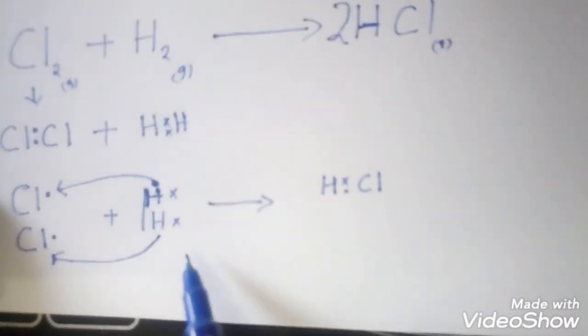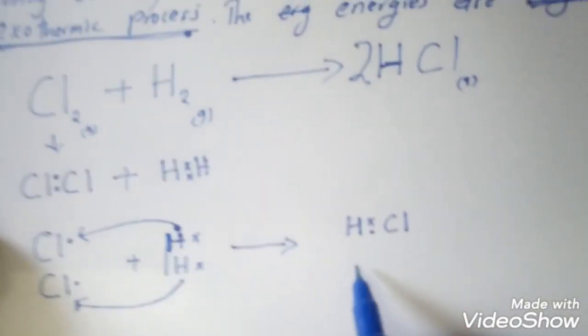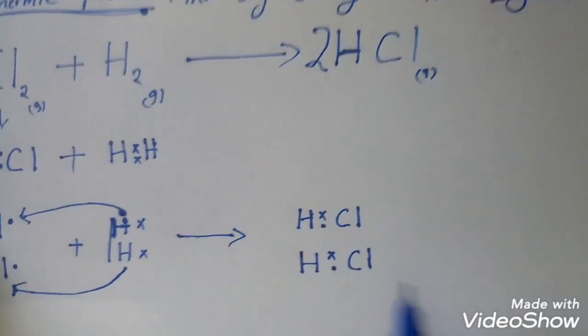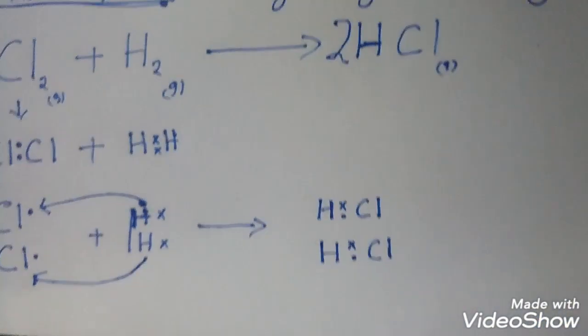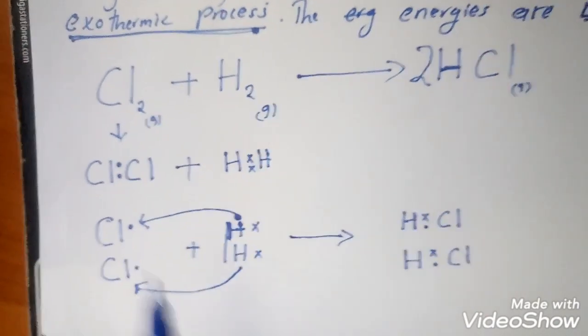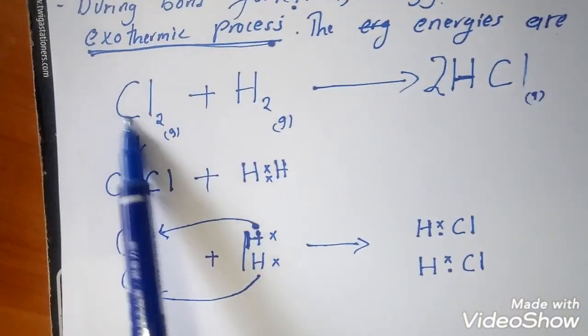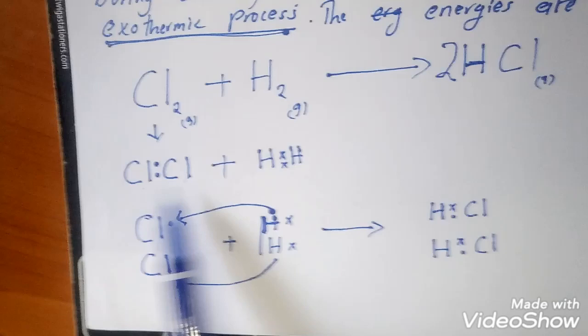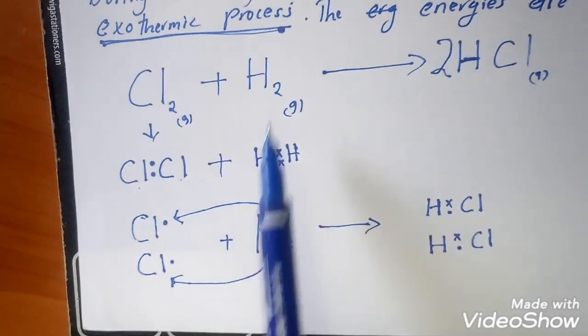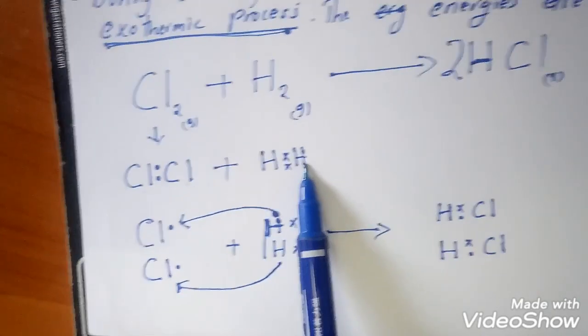Another hydrogen combines with chlorine, therefore what we form is another hydrogen chloride here. And that is why we are saying, look at this equation. We have a chlorine molecule, Cl2, 2 chlorine atoms, plus 2 hydrogen atoms.